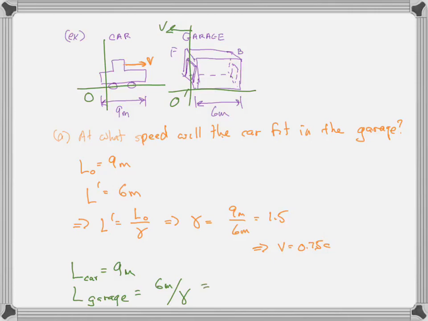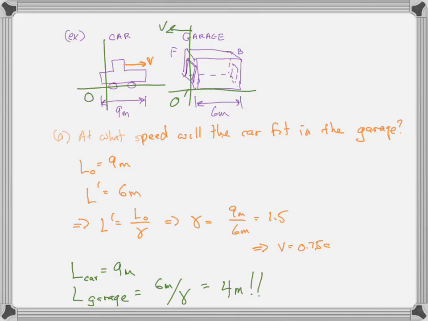So the garage is no longer 6 meters, but it is now 6 meters over 1.5, which is 4 meters. Wait a second. In that case, the car doesn't fit in the garage. So there does seem to be a paradox here. We say the car fits when the car is moving relative to the garage. We say the car doesn't fit when the garage is moving relative to the car, yet they should give the same answer.